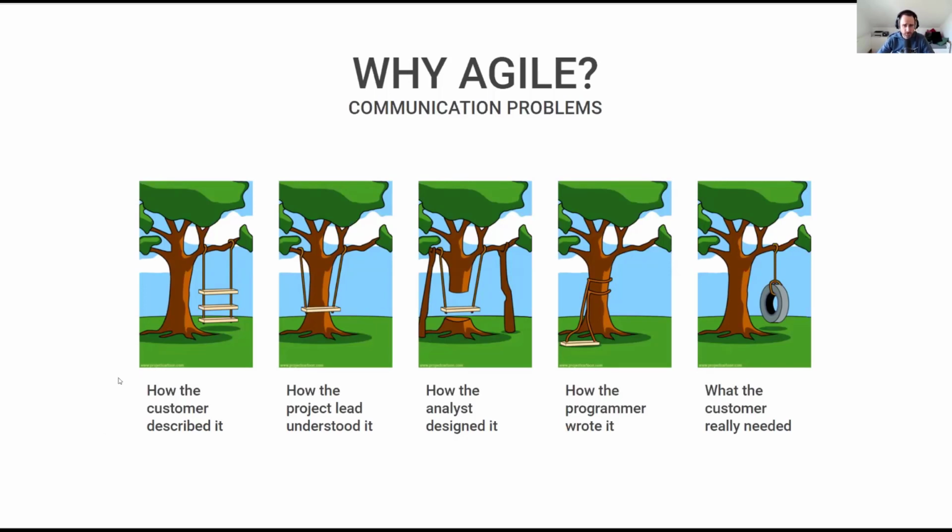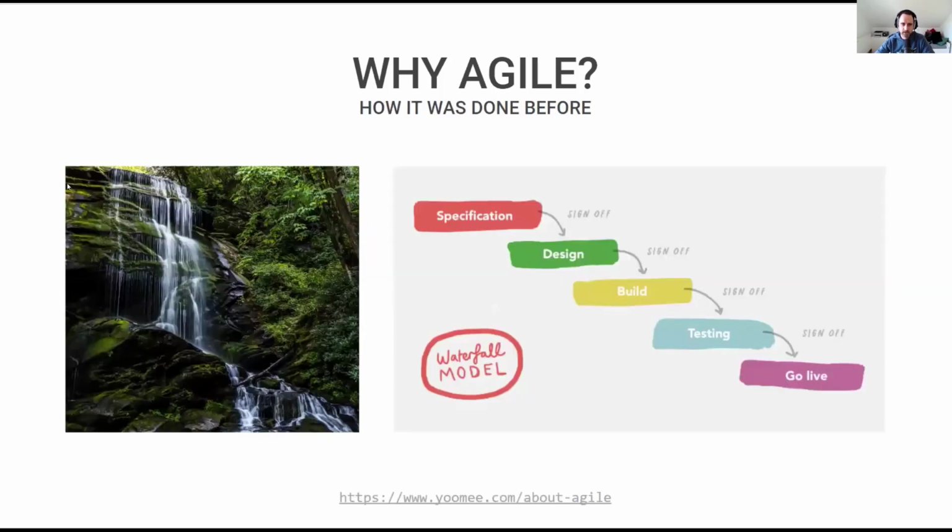So the problem of communication arises when you have this strict waterfall approach. And this is the slide, or the image, that I was referring to and trying to build on the whiteboard. So basically the waterfall has these phases: specification, design, build, testing, and go live. And it's still very common in many places, not just IT, but in software. It's especially problematic for the reasons that we just said.